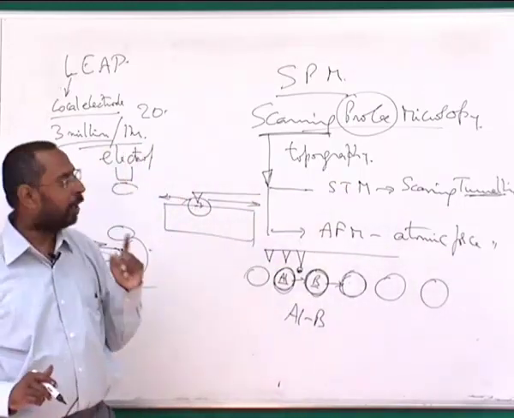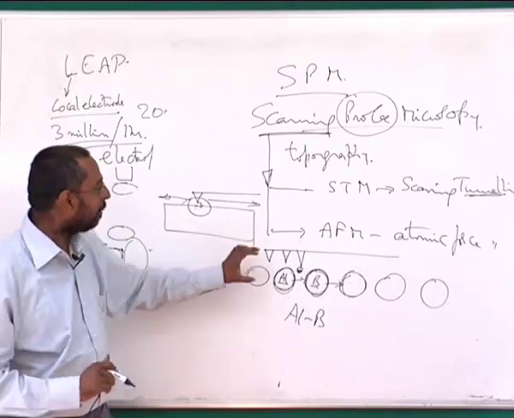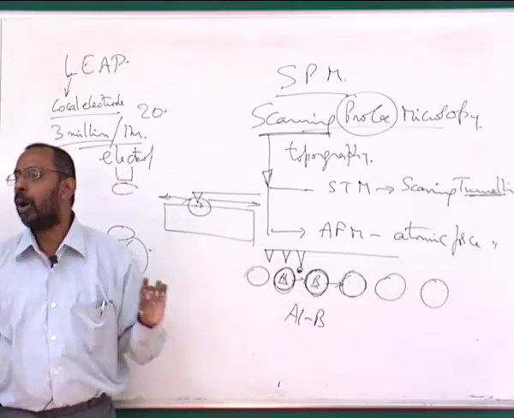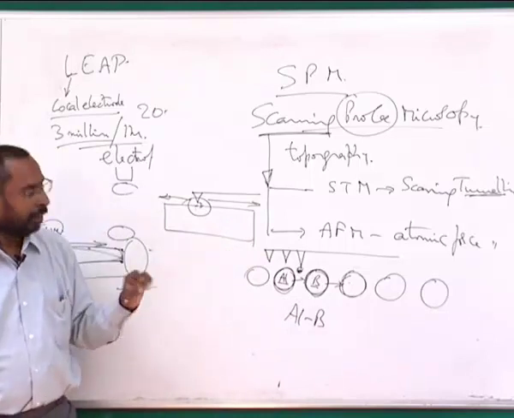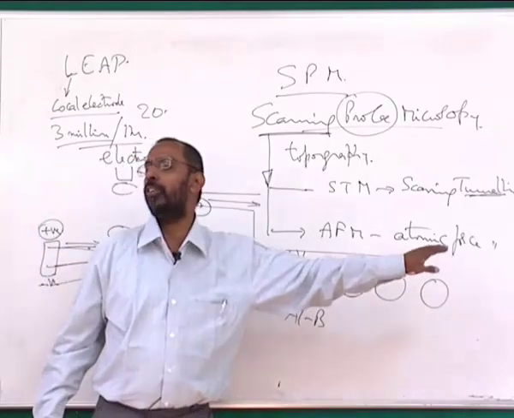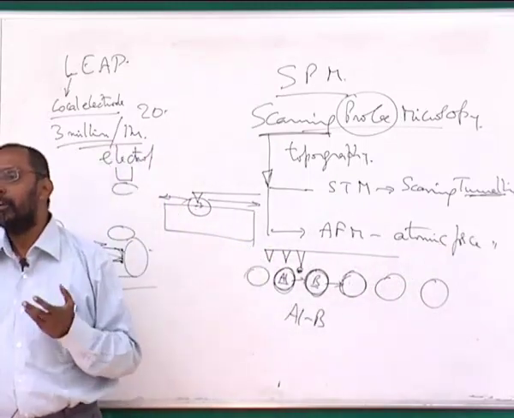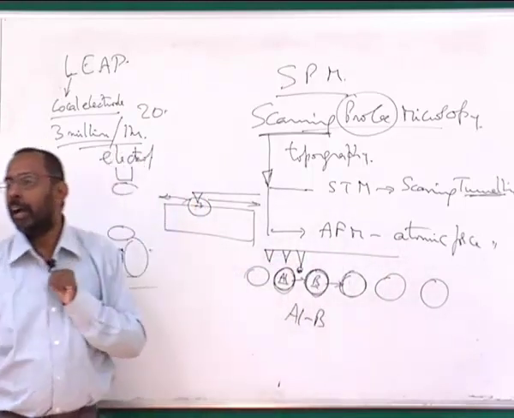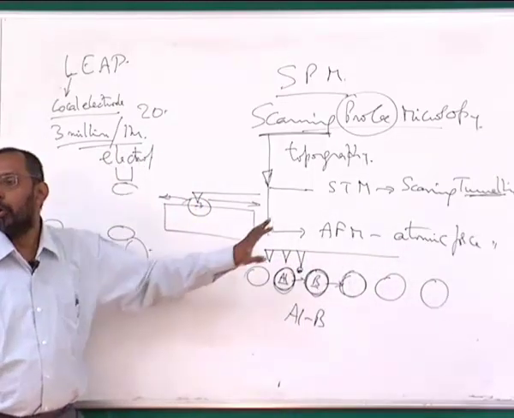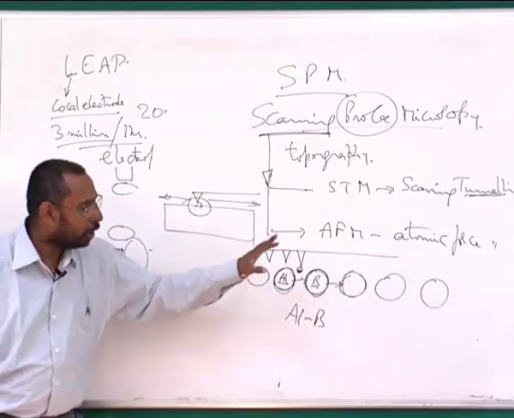But one important thing that we need to understand is this can happen at very, very small distances. And that basically puts a demand on the sample that the surface has to be extremely smooth. If the surface is not very smooth, the surface roughness alone can cause noise in the whole spectrum or in the whole image that you get.